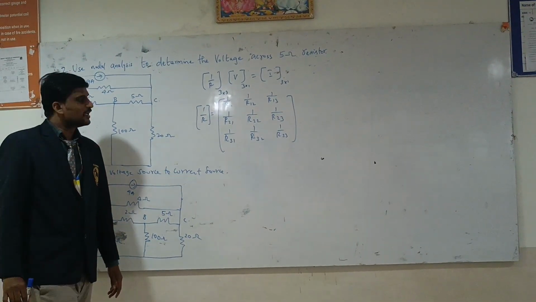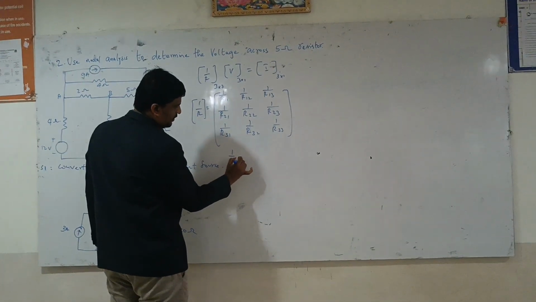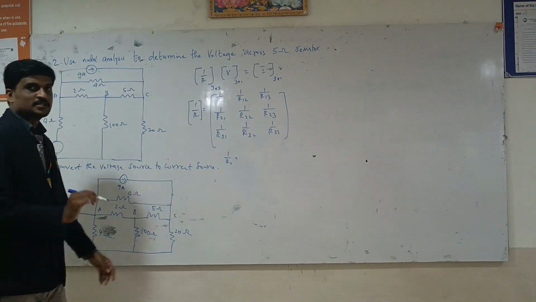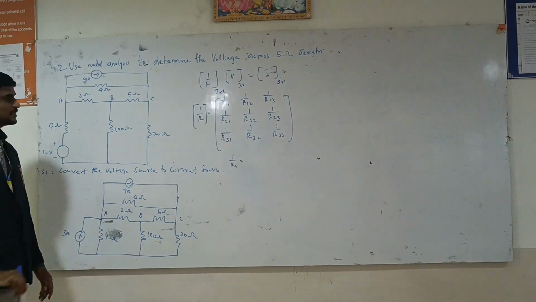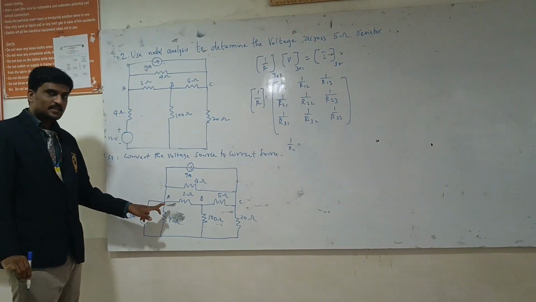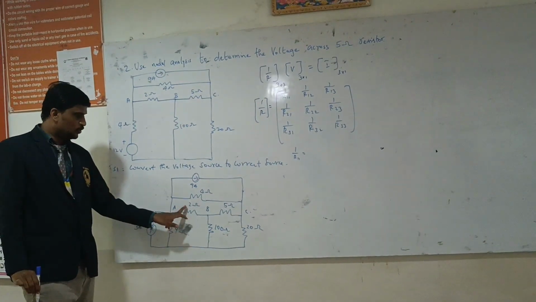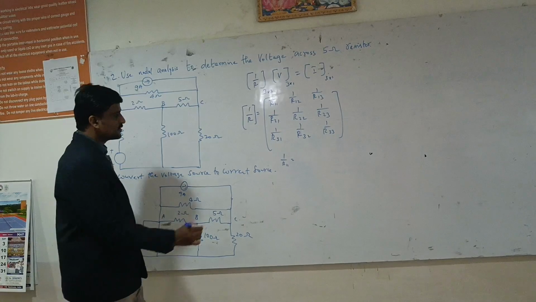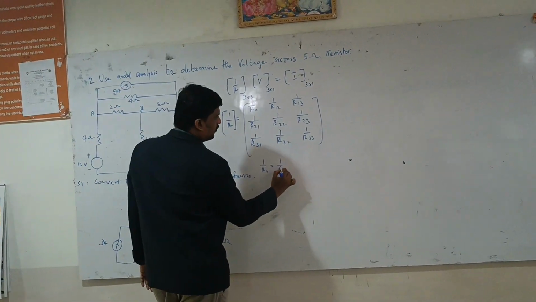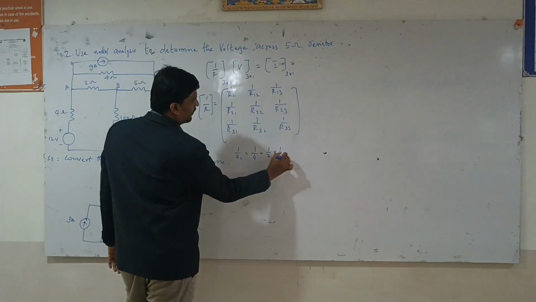First we will find the value for 1 by R11, which is equal to the sum of reciprocal of all the resistors connected to node A. In this node A, the resistors connected are 4, 2 and 4. So here it is 1 by 4 plus 1 by 2 plus 1 by 4.